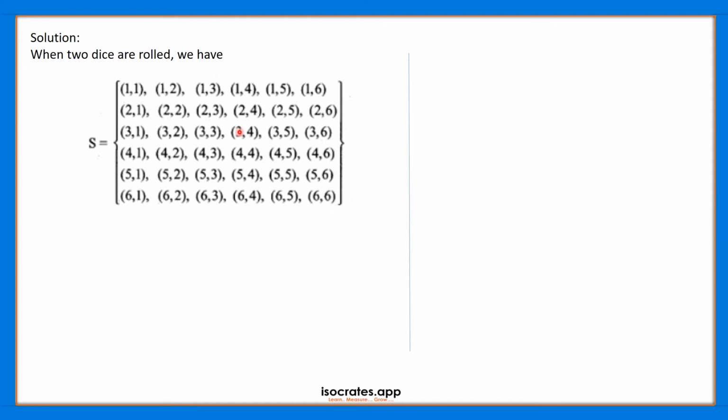This is the sample space that we get when we roll both the dice together.